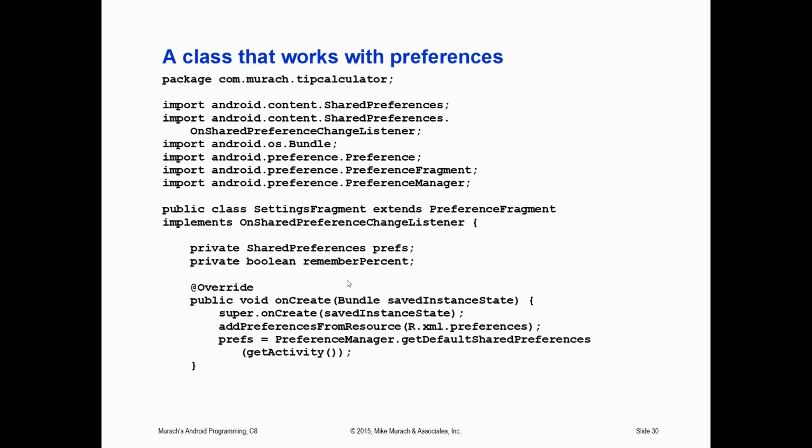For example, in the last slide, we showed you how to use the default behavior to disable the default tip percent preference when the remember tip preference is unchecked. Now the figure shows how to disable the default tip preference when the remember tip percent preference is checked, and that's what's shown in the code here.